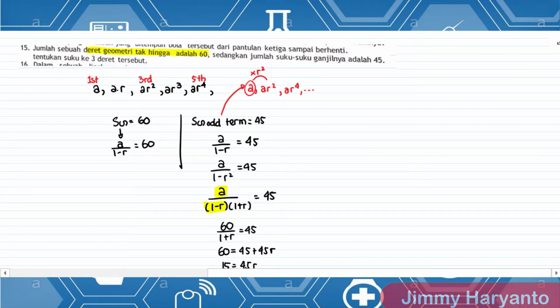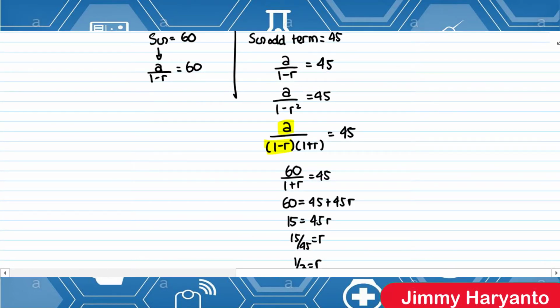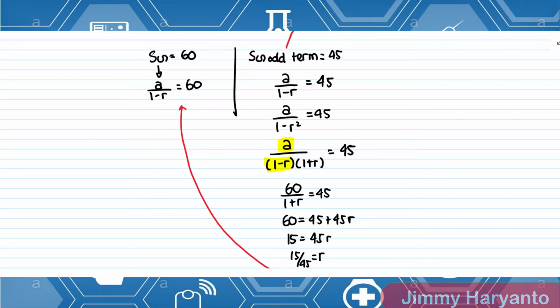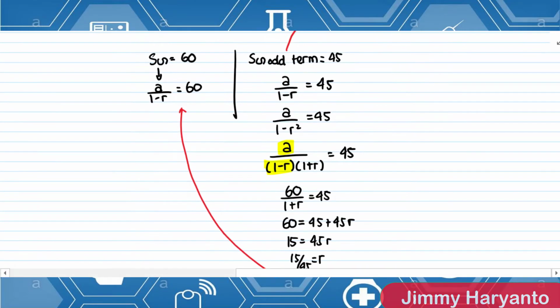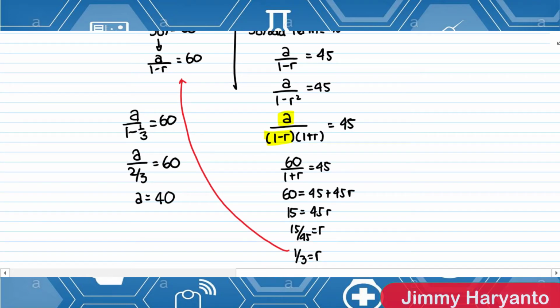The question wants us to find the third term. So I have to find the A first before we get the third term. Let's put R equals 1 over 3 into A over 1 minus R equals 60. So A over 2 over 3 equals 60. A equals 60 times 2 over 3 equals 40.